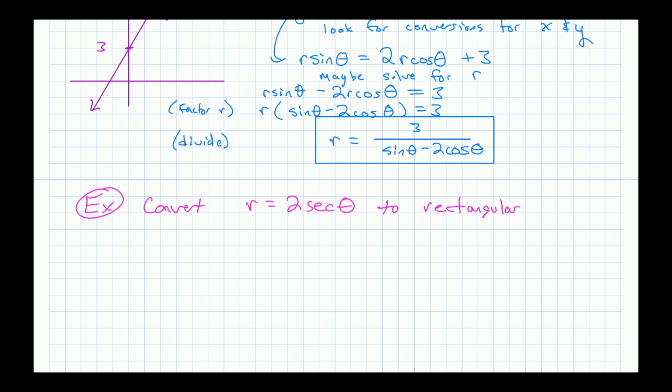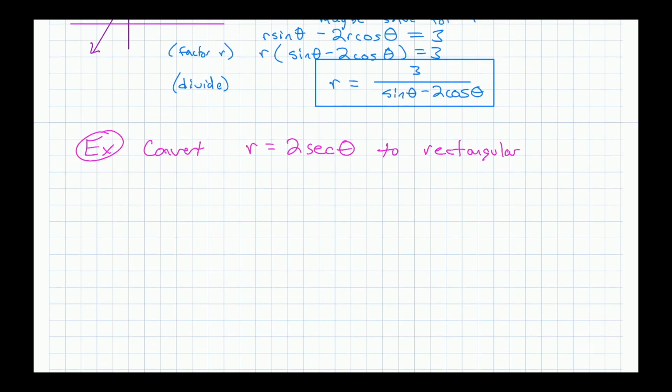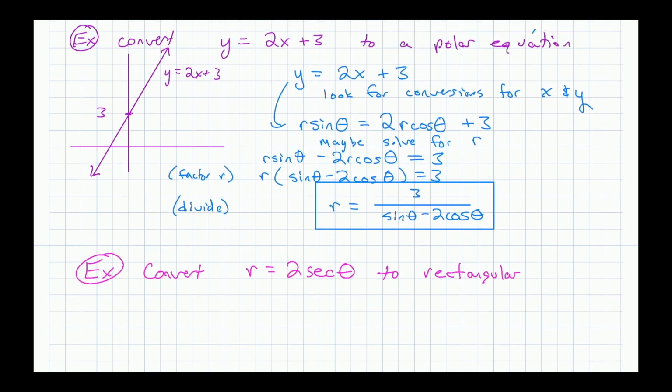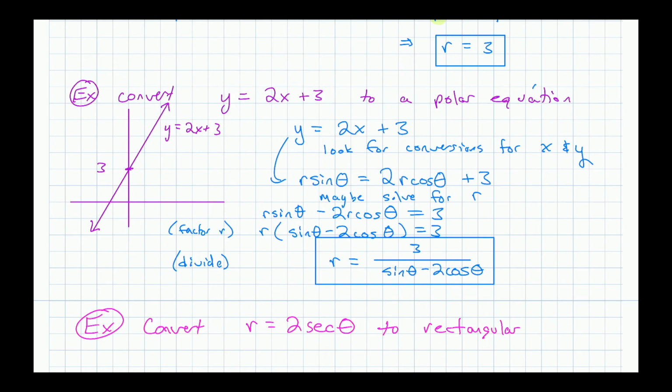So in order to do this, what you would have to do is say, okay, well, it's actually kind of, I won't say it's tricky, but it is tricky. You can't just do it blindly like we did here. Like when you're doing it this direction to polar, you've always got a y and an x if you're starting in rectangular coordinates, and you can always use that y is r sine theta and x is r cosine theta, right?